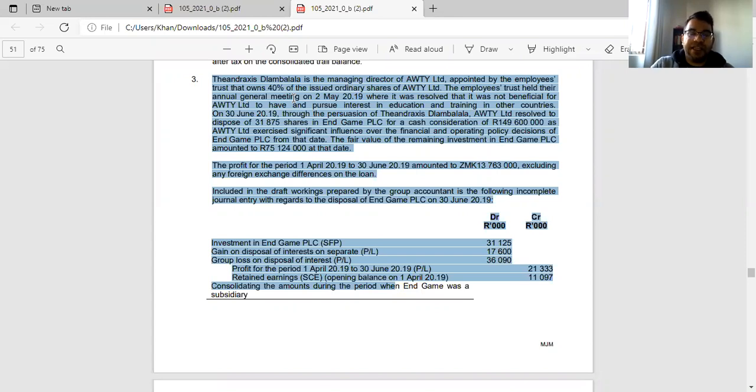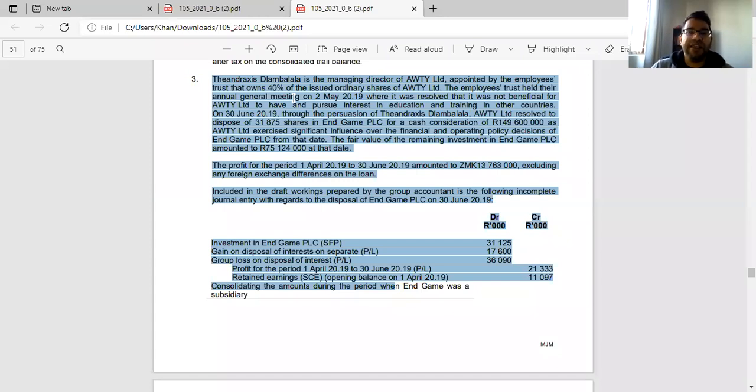So we went from a subsidiary to an associate. That's what we need to fix up. The whole point of this journal entry is only dealing with the effect of the change in ownership at 30th June 2019. So that's basically the overview.